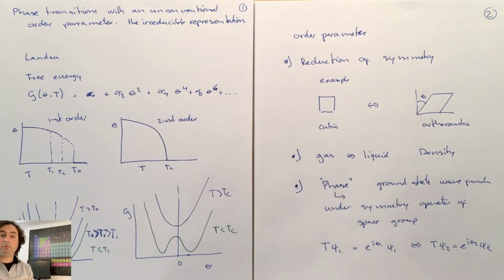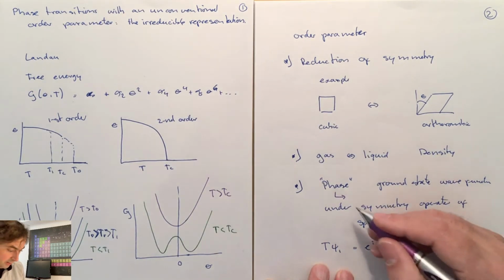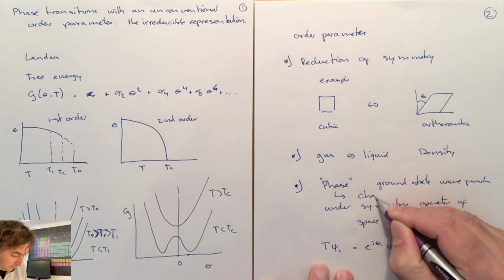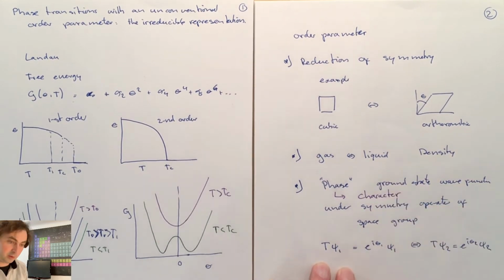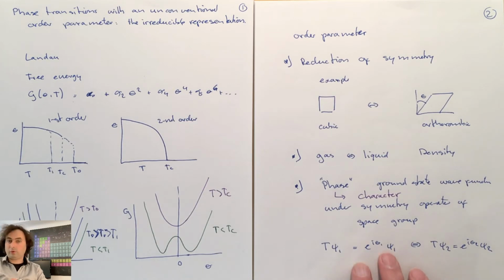To be more general, we have to say that we look at the character table, or the character of the wave function changes. So for non-degenerate states, or for single-dimensional representations, you look at the phase you acquire under your symmetry operations. For multi-dimensional, degenerate states, you look at the trace of the matrix that tells you what the transformation is.